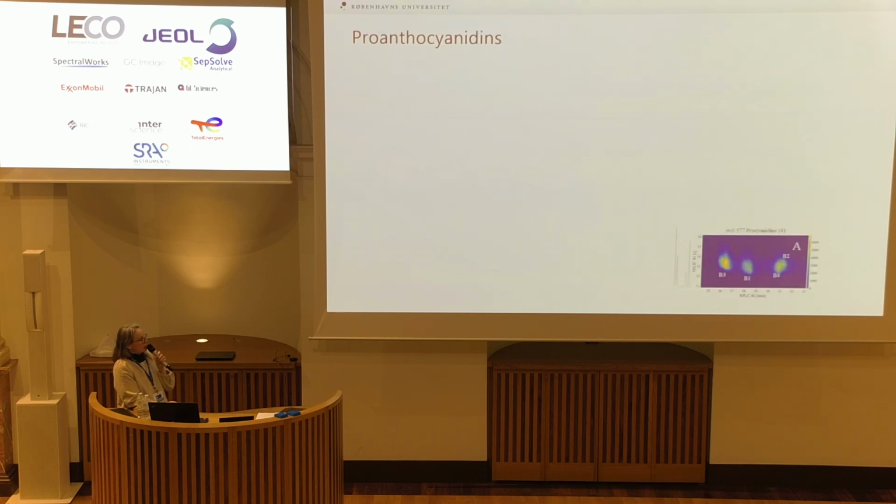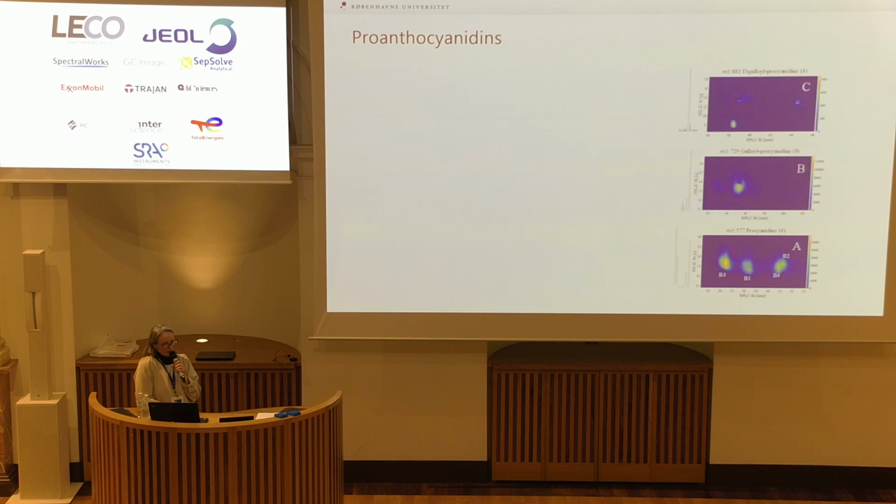And then if we look at the proanthocyanidins, they have not been identified in shea before. But if we take a small square of the 2D space, we can see the procyanidins 1, 2, 3, and 4. And then as we move to higher retention times, we also see the galloylated and digalloylated forms.